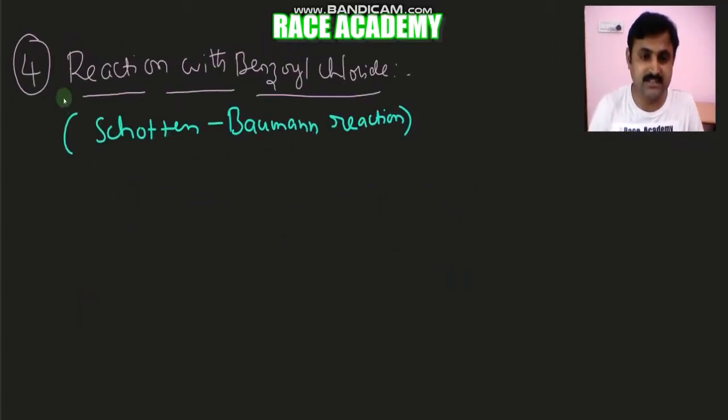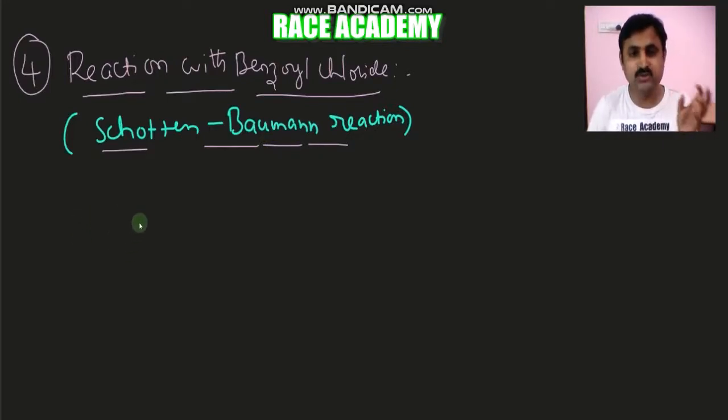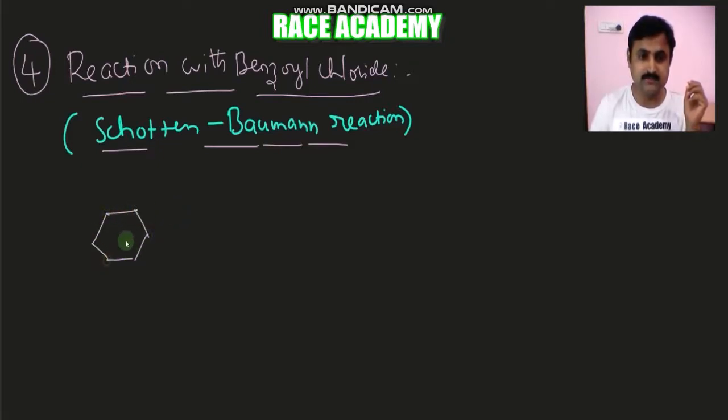Next is the reaction with benzoyl chloride, also called the Schotten-Baumann reaction. That is the name of the reaction. Here, phenol reacts with benzoyl chloride. Like acetyl chloride, we have benzoyl chloride also. When you take phenol with benzoyl chloride, this OH group is involved in the reaction.